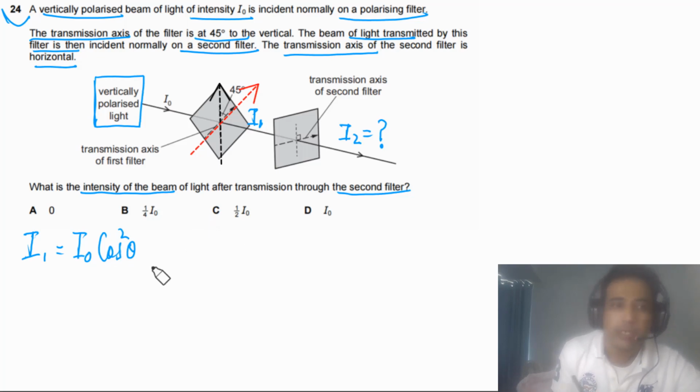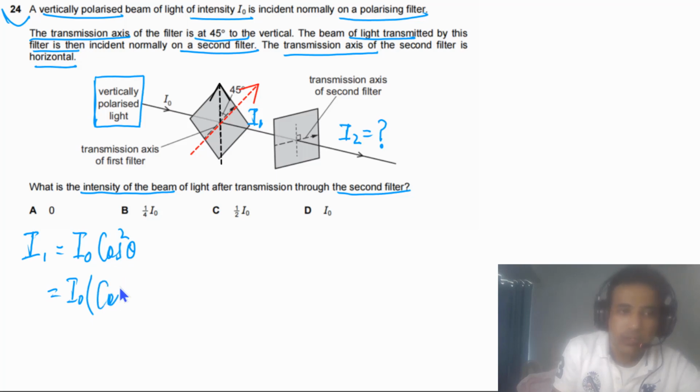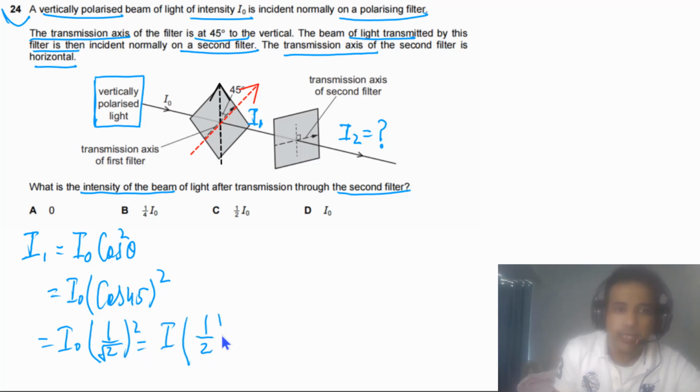So we use 45 degrees here. We can write I0 times cosine of 45 squared, and cosine of 45 is 1 over root 2, squared. So it simply means we have I0 times 1 by 2. So this is the value of I1.